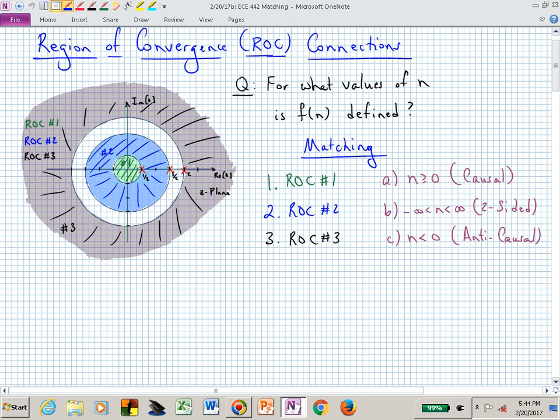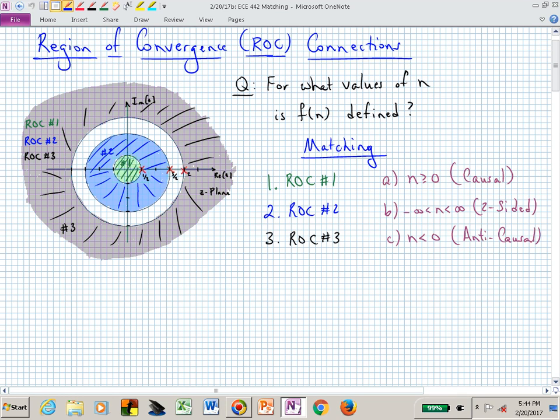And now what I want you to do is play this matching game and match regions 1, 2, and 3 with A, B, and C. A being causal, that's thumbs up. B being two-sided. I wanted to go naturally A, B, C, and I don't care if you go clockwise or counterclockwise.